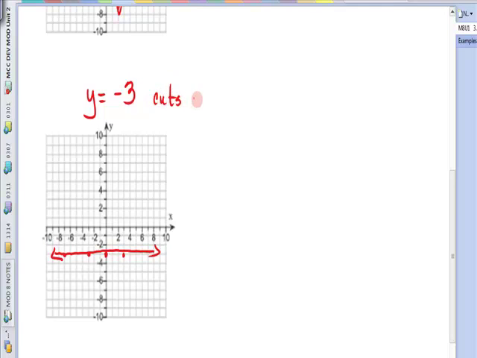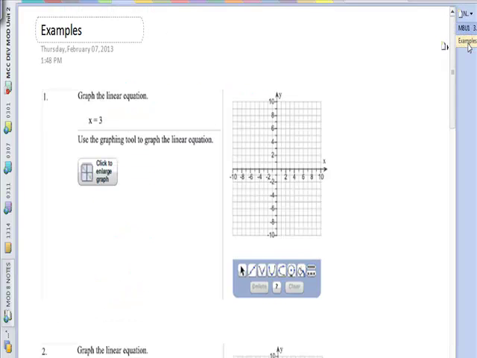It cuts through the y-axis at negative 3. You will have to mark 2 points using MATLAB. So let's see how, hopefully, easy you will find these.